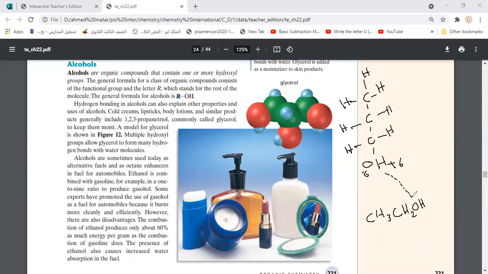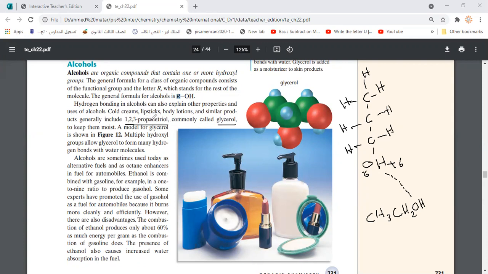That's why we use alcohols in a lot of cosmetics, like creams, lipsticks, and body lotions. The most common alcohol used in cosmetic materials is known commercially as glycerol, but its IUPAC name is 1,2,3-propanetriol.